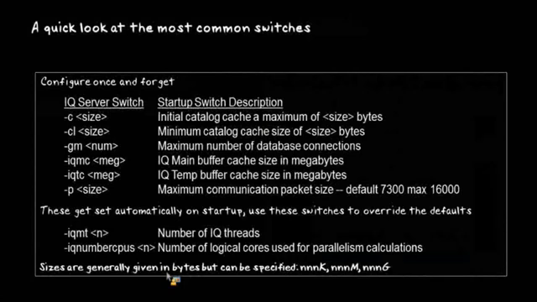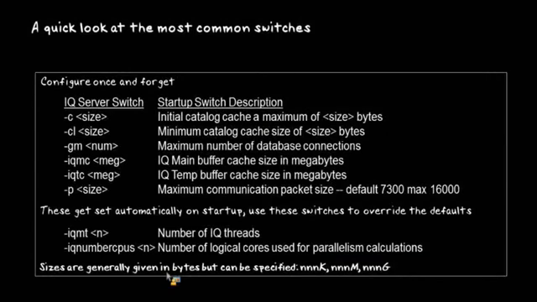There's a couple of other things to know about. When IQ starts up, it looks at the environment, sees how many physical cores are on the box, and it does some calculations, and that controls IQ's parallelism to a certain extent. We can increase the total number of IQ threads if we want to using the -iqmt. That gets set automatically based on the number of physical cores on the box.